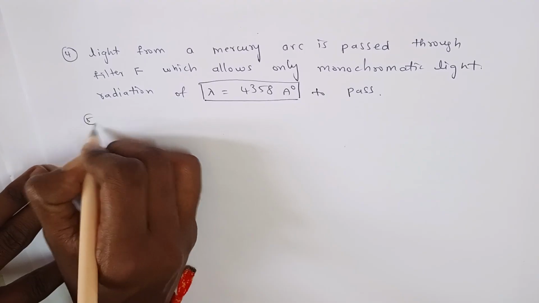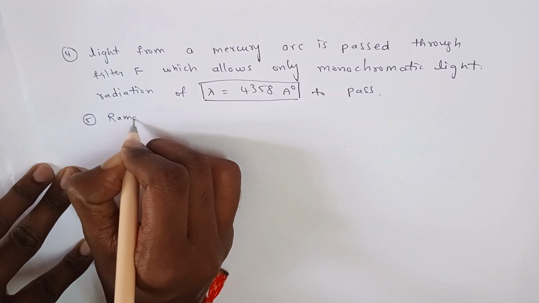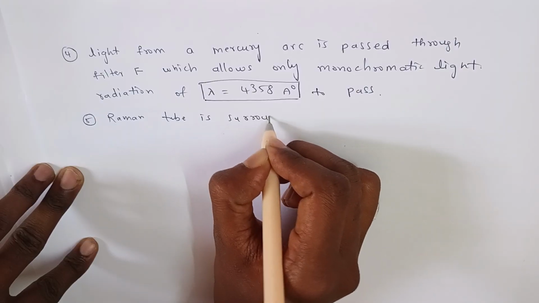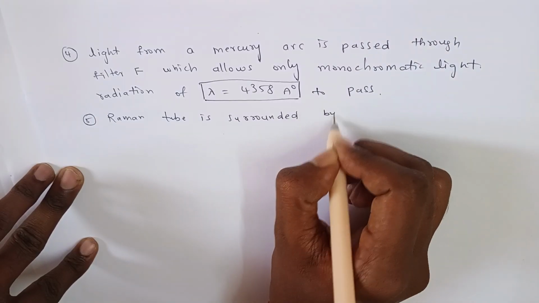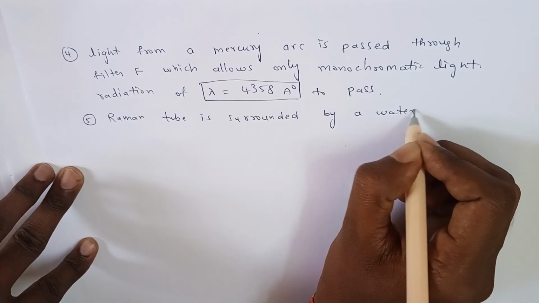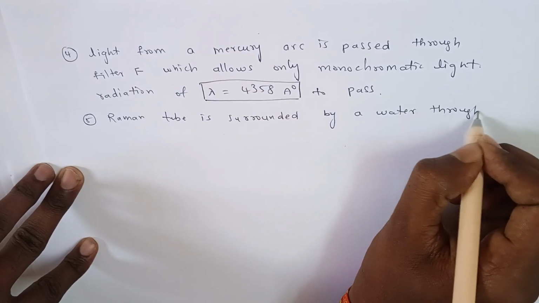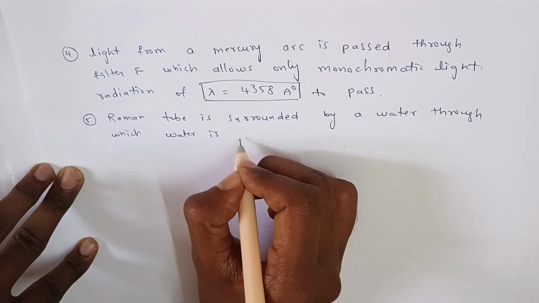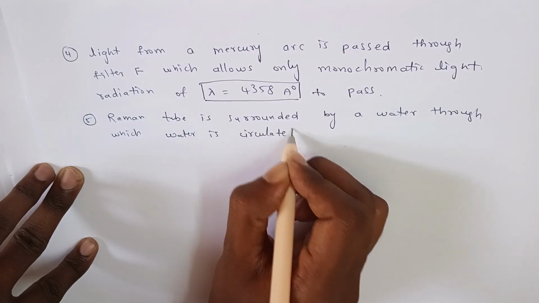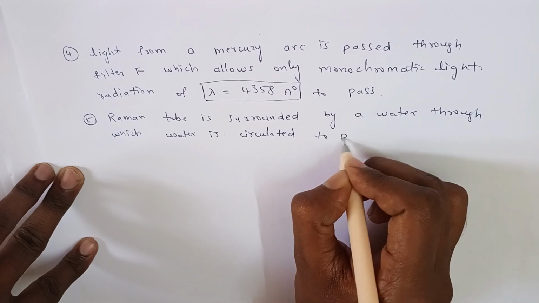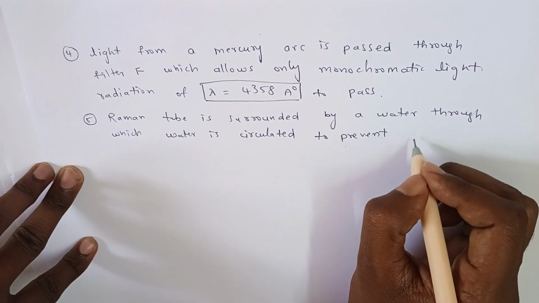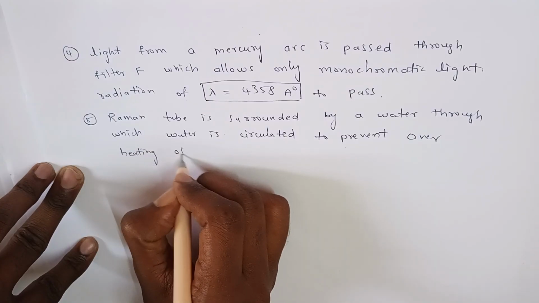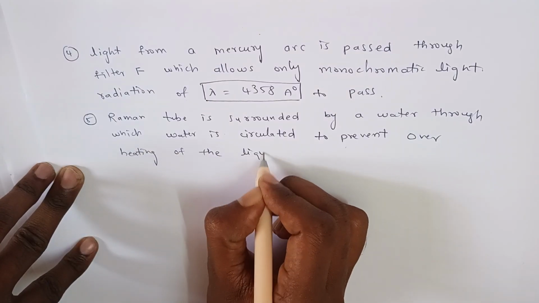The Raman tube is surrounded by water, through which water is circulated to prevent overheating of the liquid.